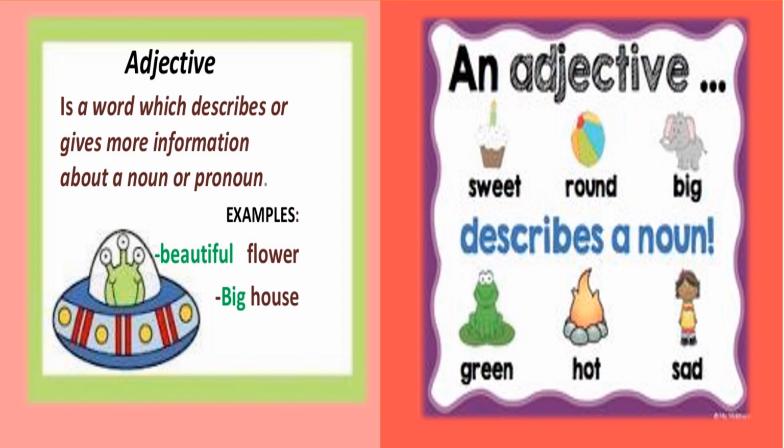So the word big describes the elephant. Green frog. Frog is a noun, so the adjective is green. It describes the frog. Hot fire and sad. The girl is sad.